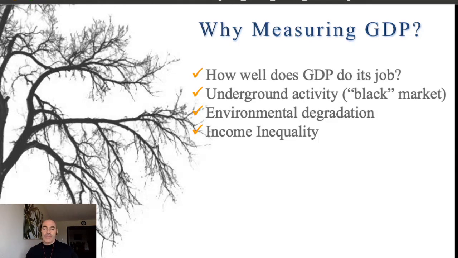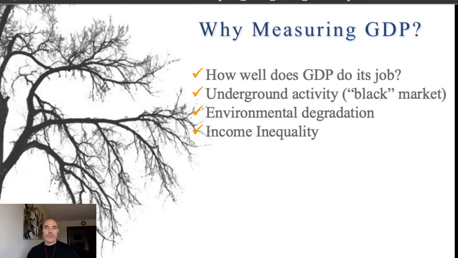The second thing that GDP does not have, besides inequality, is that it fails to account for underground activity, often referred to as the black market. This is when people produce things, maybe at home.